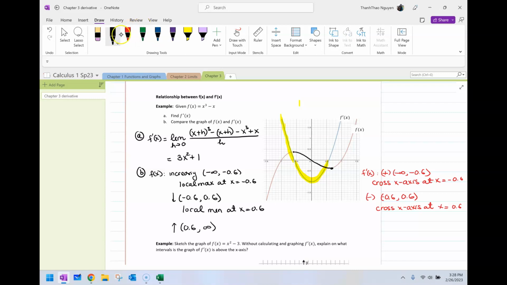This would tell you that f prime of x is positive from 0.6 to infinity. So we may be able to use the graph of f of x to predict what happens to the graph of f prime of x, and vice versa.